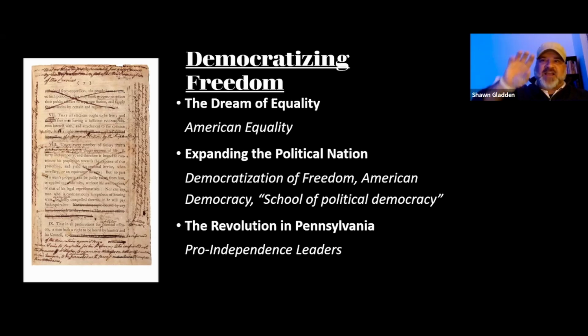So each state is writing its new updated constitution after the revolution. And each one of these constitutions has notions of republicanism and popular sovereignty in them. What does that mean? Republicanism being an idea of representation by a virtuous elite of a populace.